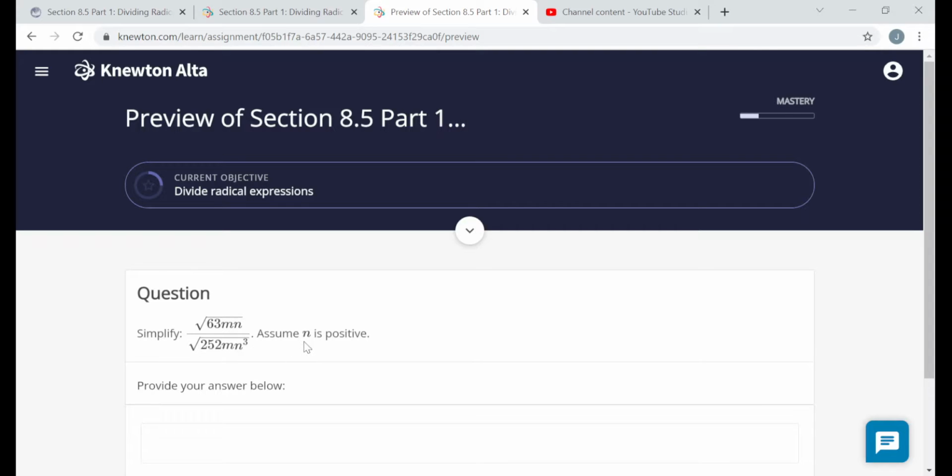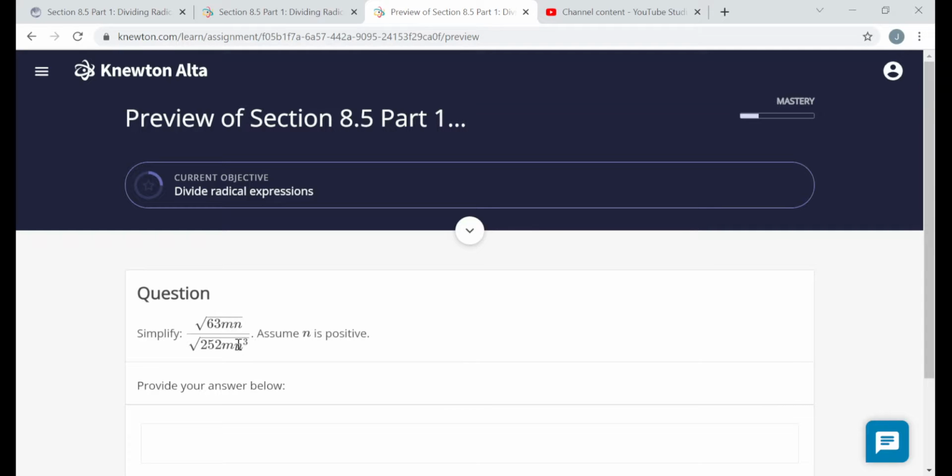Notice at the end here, they're saying assume n is positive. The reason they're doing that, they should also say assume m is positive as well, so that we can actually use the quotient rule. Because remember, the quotient property and the product properties for radicals can only be used when you're dealing with real numbers, and even roots of negative numbers are not real.